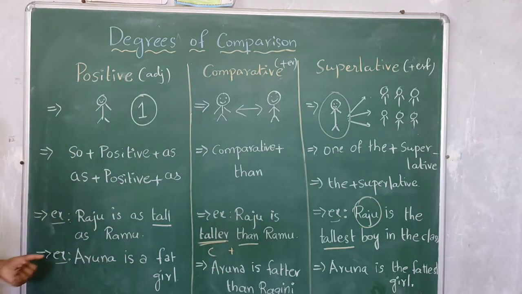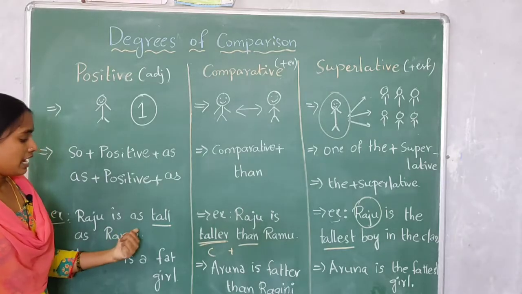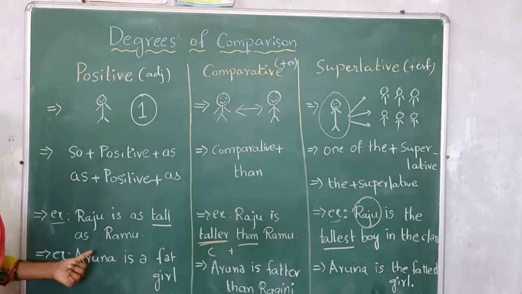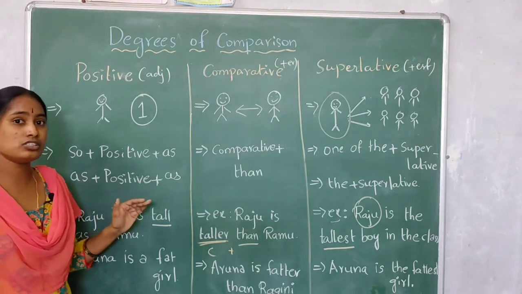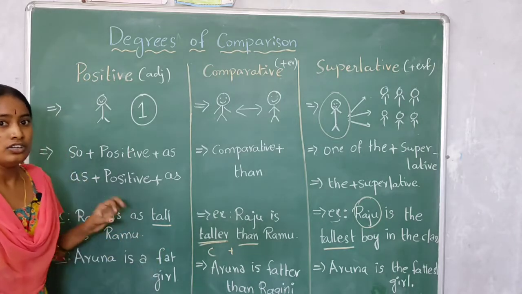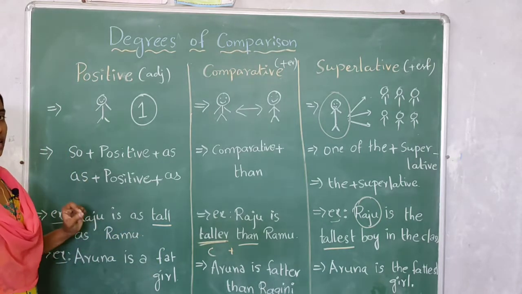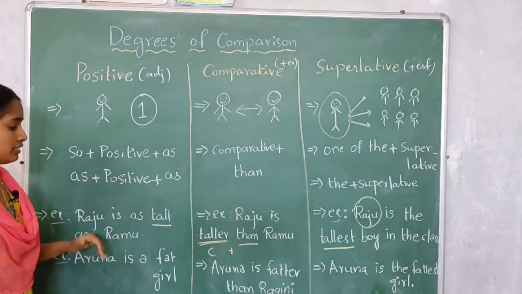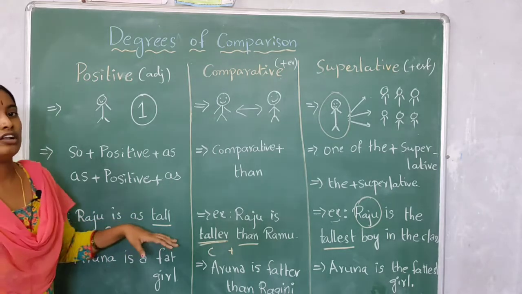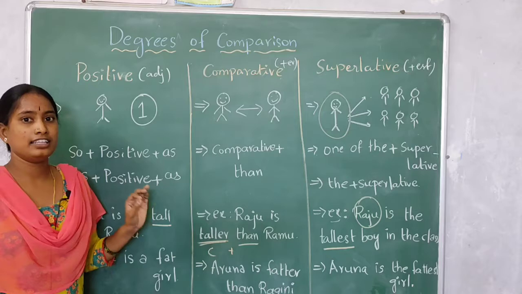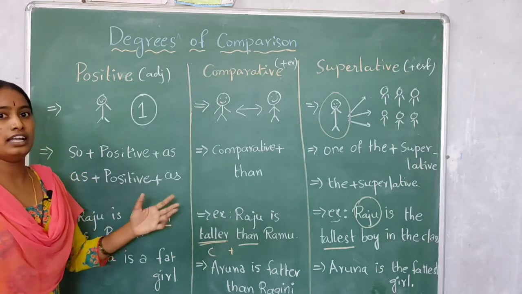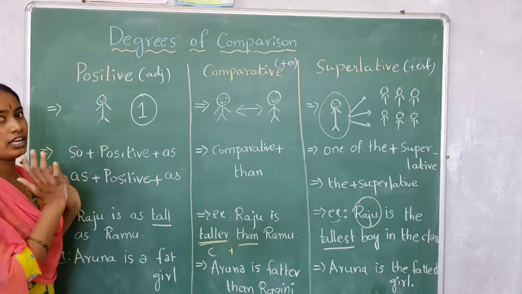So let's see an example. Raju is as tall as Ramu. See here, I can also change this sentence. We should just talk about Raju. We may also use it like that: Raju is a tall boy. That's it. In this sentence I am not talking about any other person. Just I am talking about Raju.